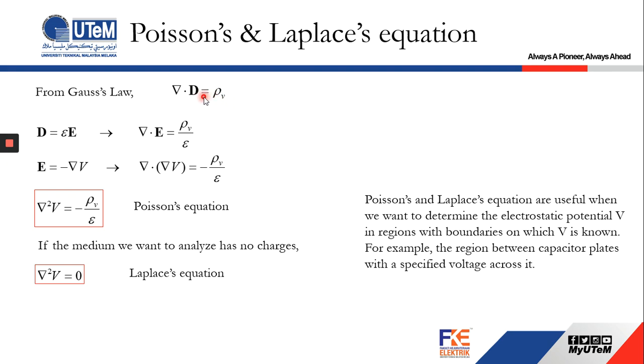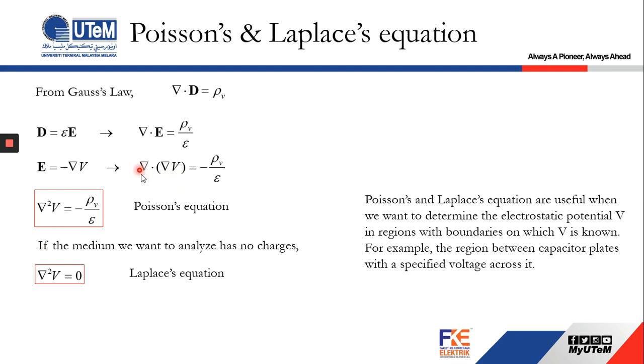Since we already know that D is equal to epsilon E, we replace in the equation to get del dot E equals rho V divided by epsilon. And since we know that E equals negative del V, we replace this value here to get del dot del V equals negative rho V divided by epsilon.